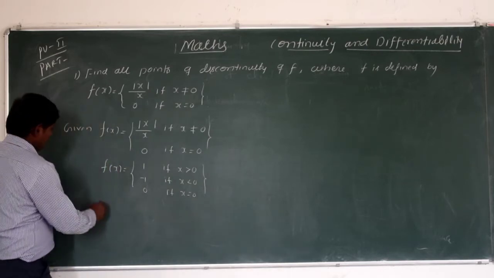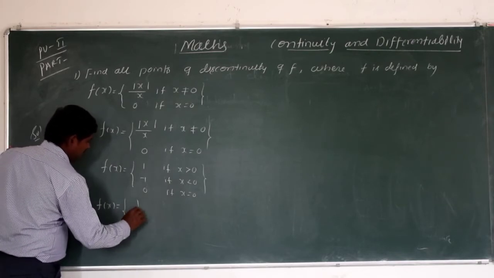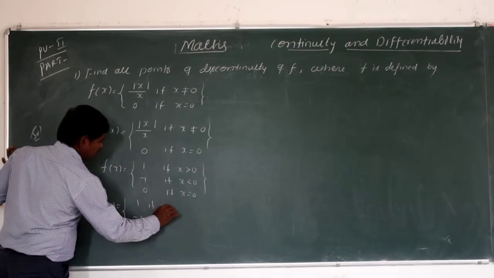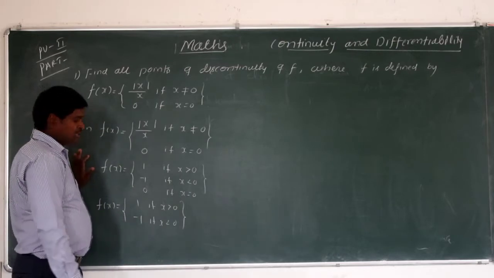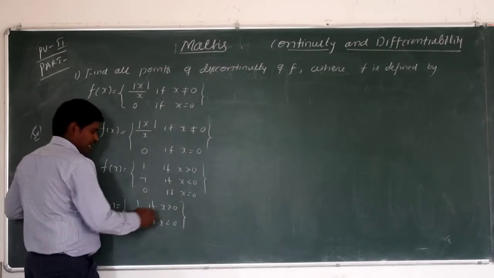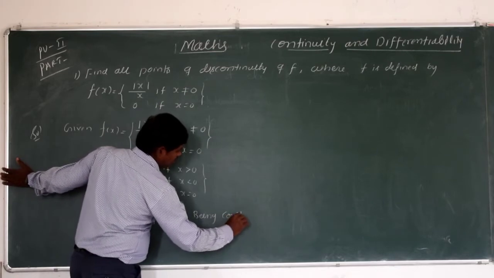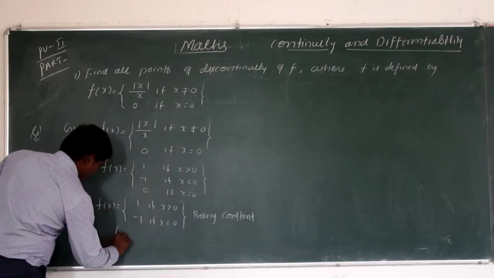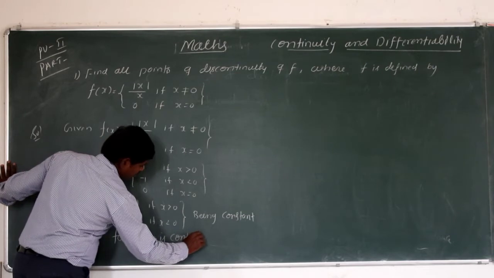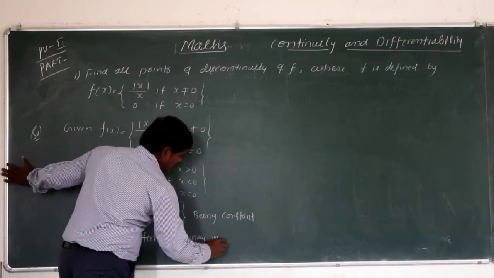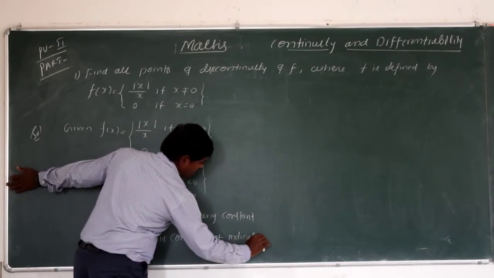Therefore f of x, being 1 for x greater than 0 and minus 1 for x less than 0, is continuous at the indicated points in the given intervals.